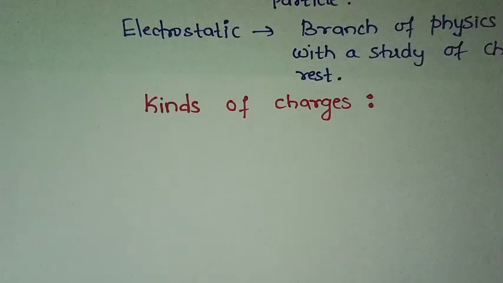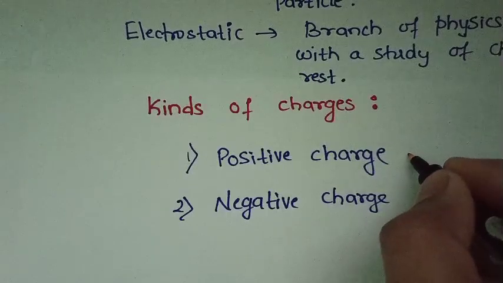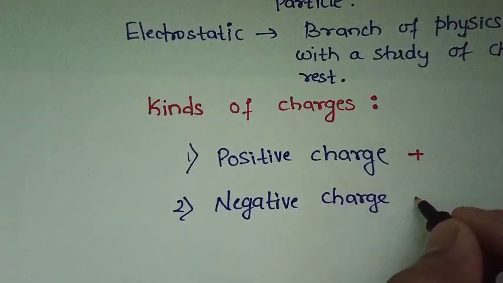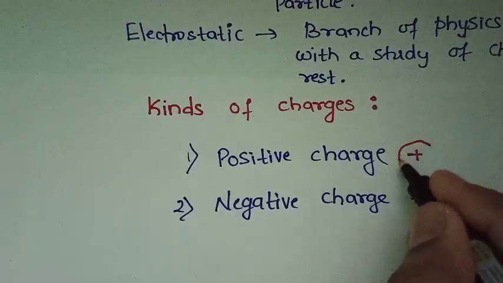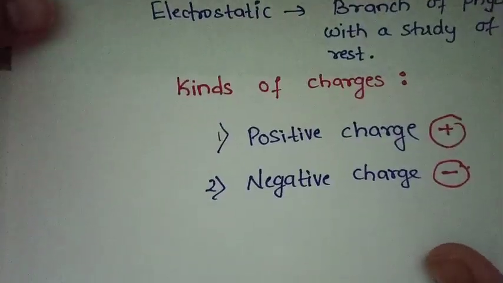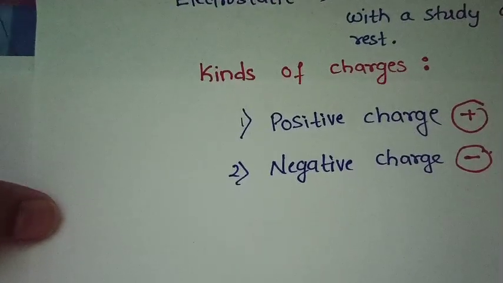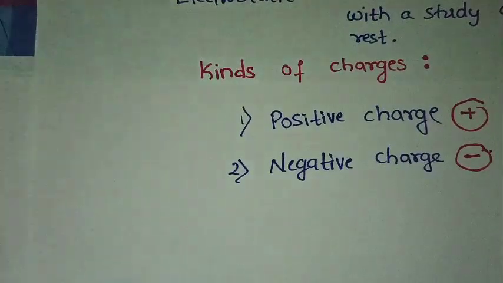Now we'll study kinds of charges. There are two kinds of charges: one is positive charge and another one is negative charge. Now we'll see some of the basic properties of electric charges.